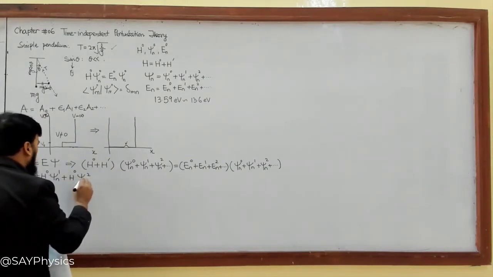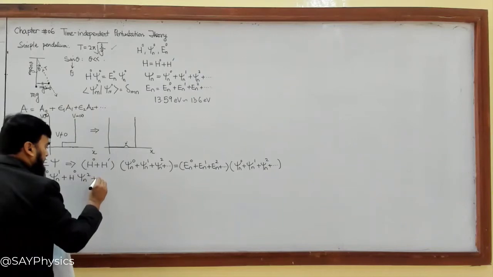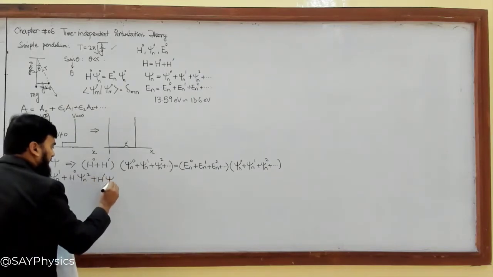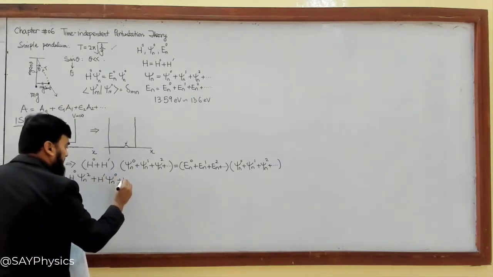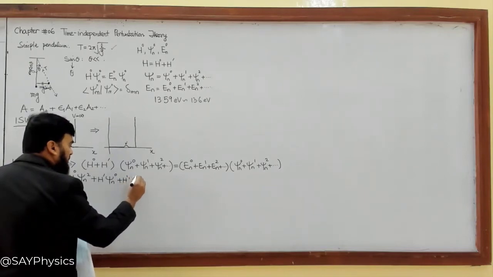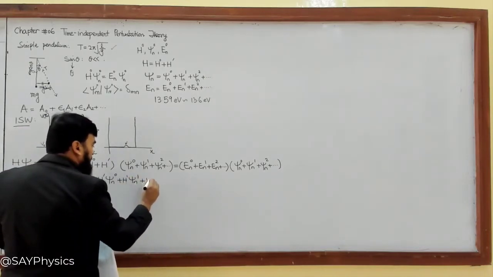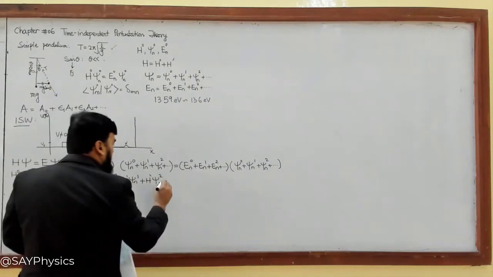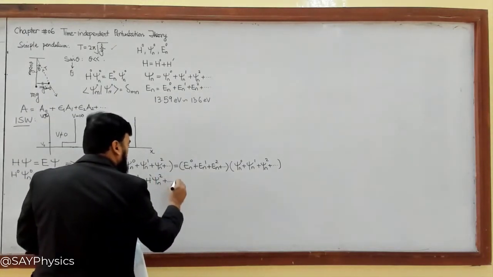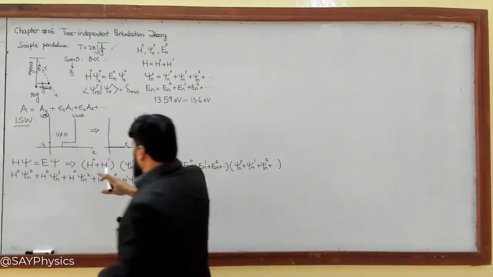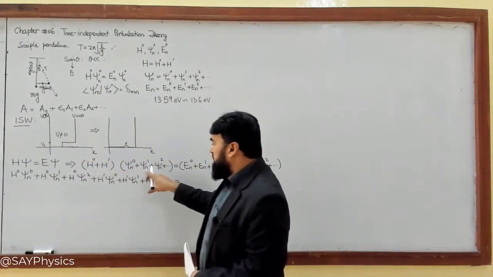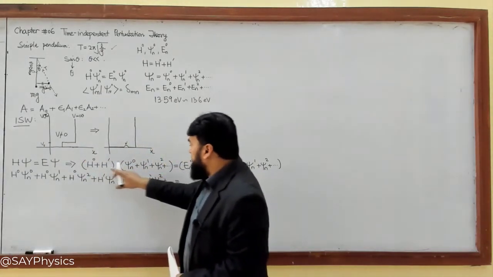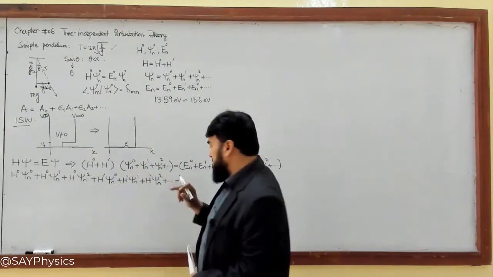I will write them at the end: plus H prime psi n0 plus H prime psi n1 plus H prime psi n2, and there are some other terms. I multiplied this with these three terms, and then I multiply this with these three terms.